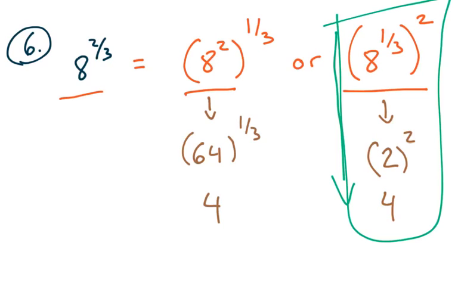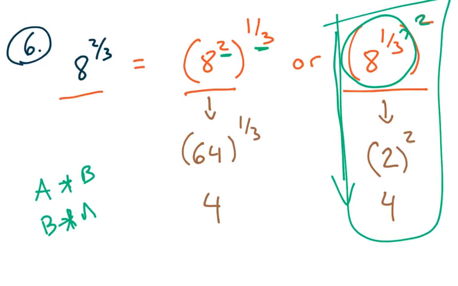So my advice is, if you can, play with the fraction exponent first, the denominator first and then the numerator. But either way works. Another way of thinking about this is that because we're multiplying, we're using the commutative property, which just says that 2 times 3 is the same thing as 3 times 2, or A times B is the same thing as B times A. So we can switch the order, and we go between these two.